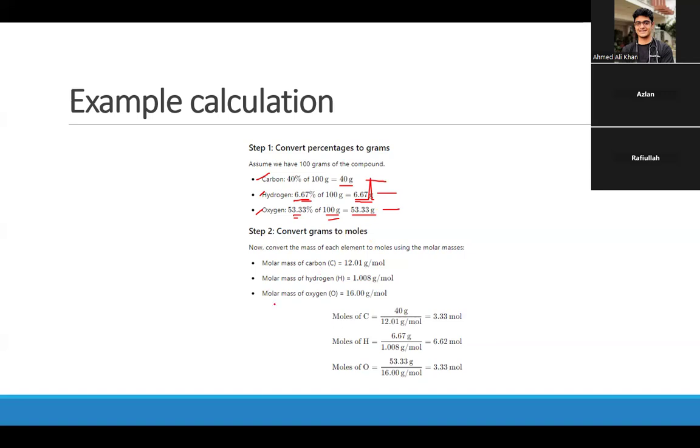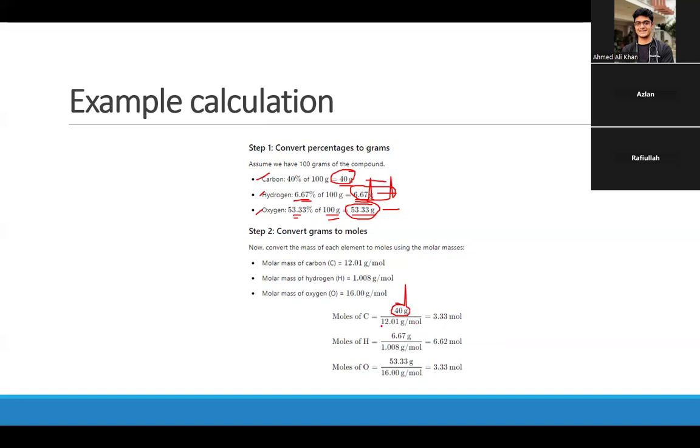Now, the second step is to convert all of these grams into moles. Okay, and how do you convert grams into moles? You simply divide the grams by the atomic mass, right? So carbon, you want to get the moles of carbon. So you simply divide 40 by the atomic mass of carbon, that is 12, right?